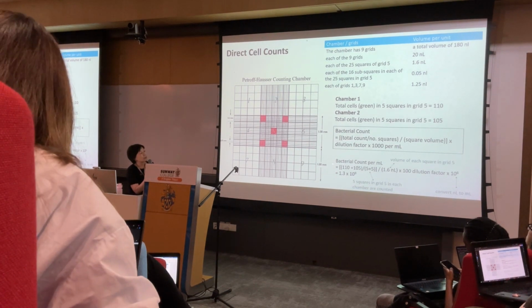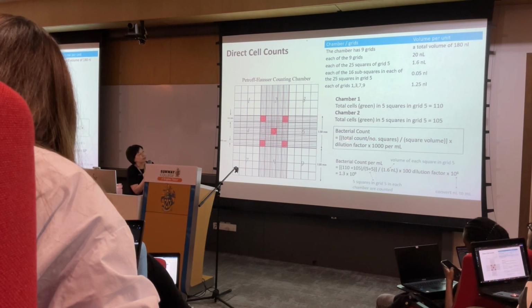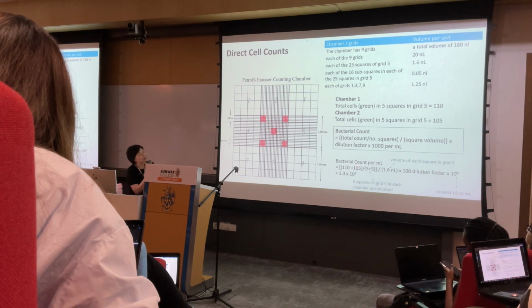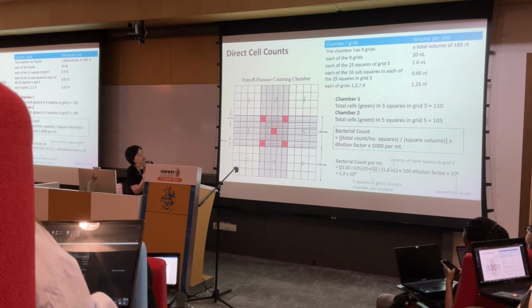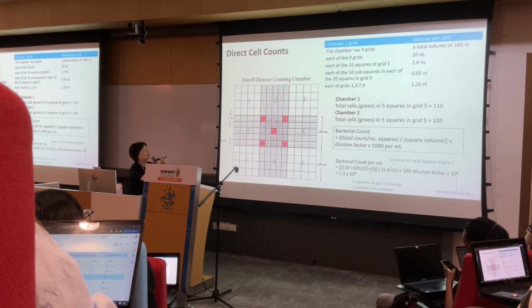Now, how are you going to calculate? Take a look at this. This is a formula. You add all the cell numbers together, and then you divide it by the number of squares. 1, 2, 3, 4, 5 of them altogether is 110 for chamber 1.